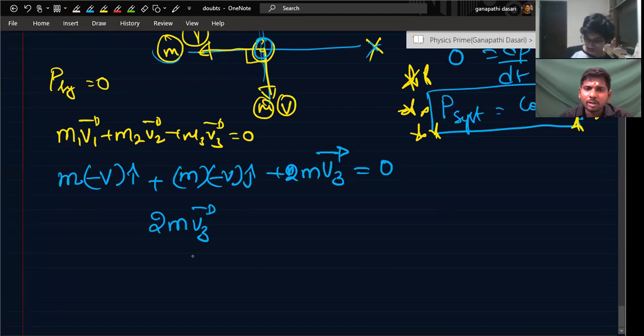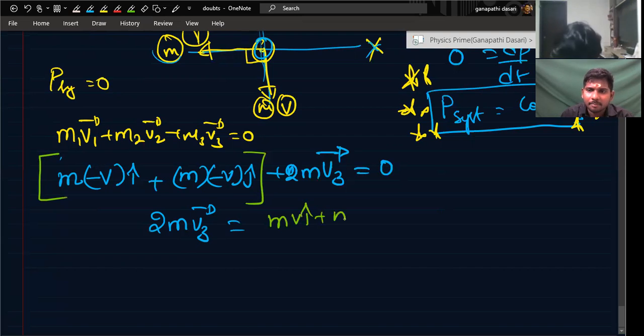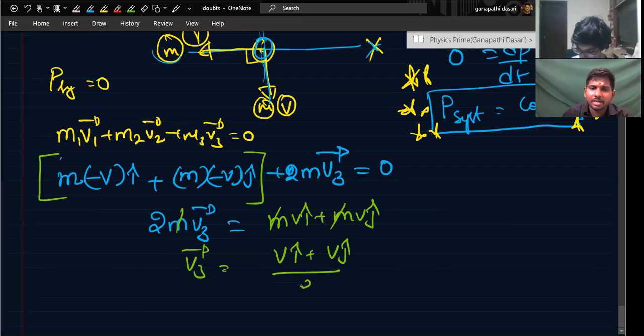2M V3 vector is equal to MV i cap plus MV j cap, since the first two are going in the negative direction. The M cancels, so V3 vector is V i cap plus V j cap, divided by 2, right?